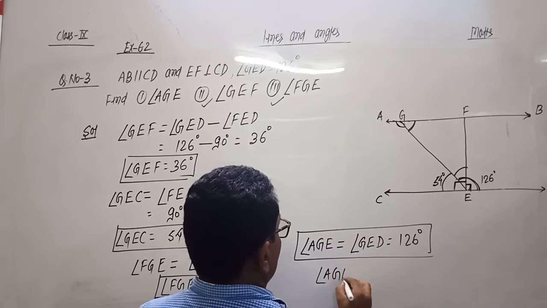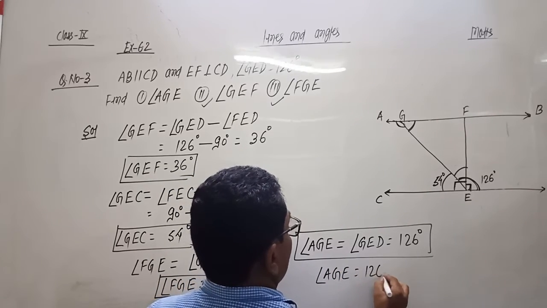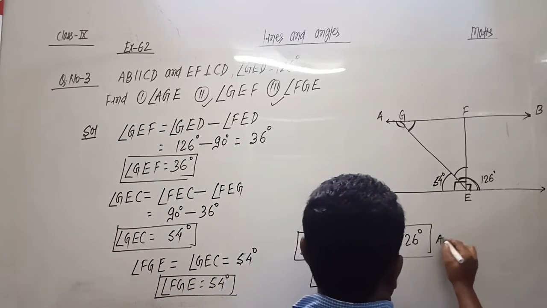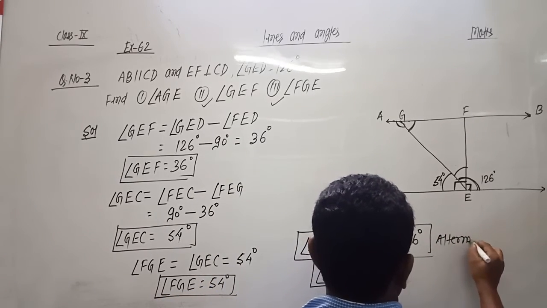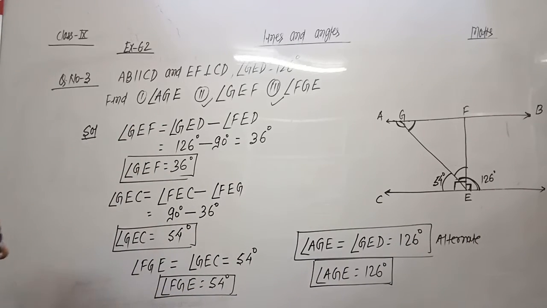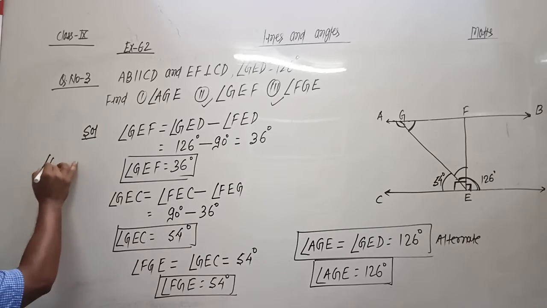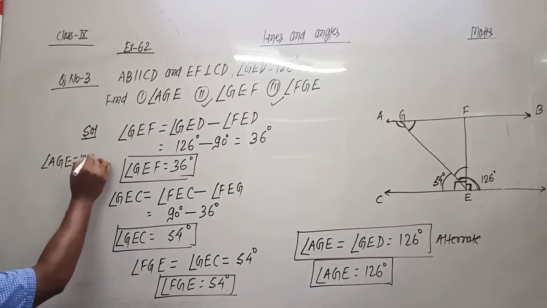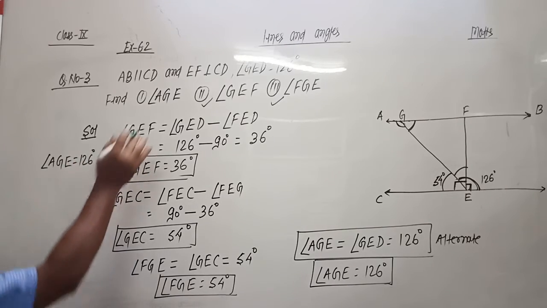Angle AGE equals 126 degrees by alternate angles. We use the concept of alternate angles.